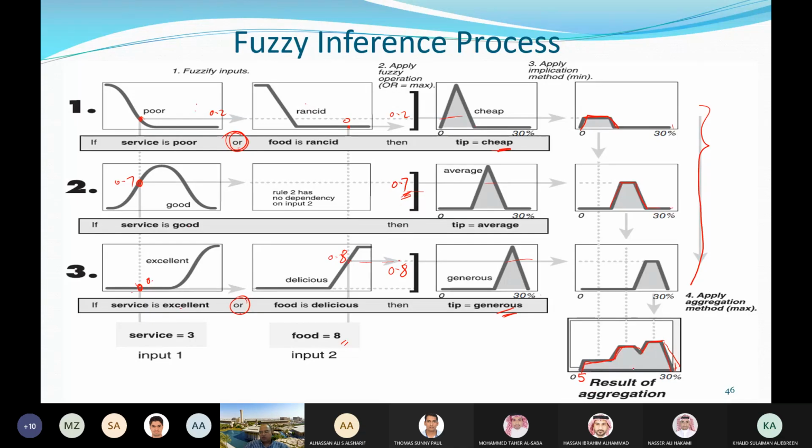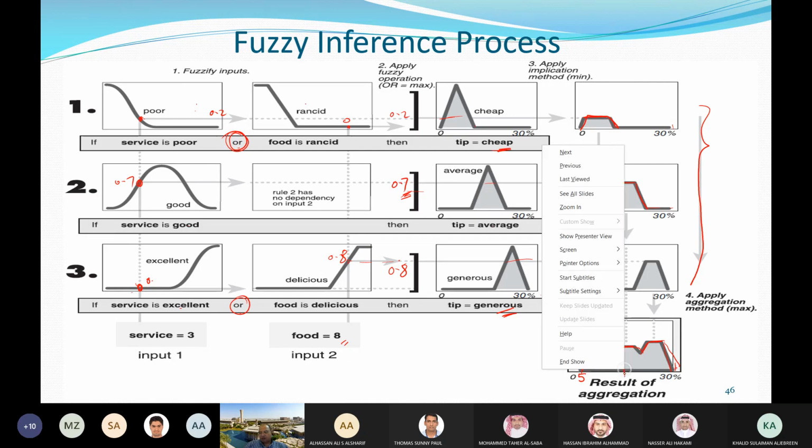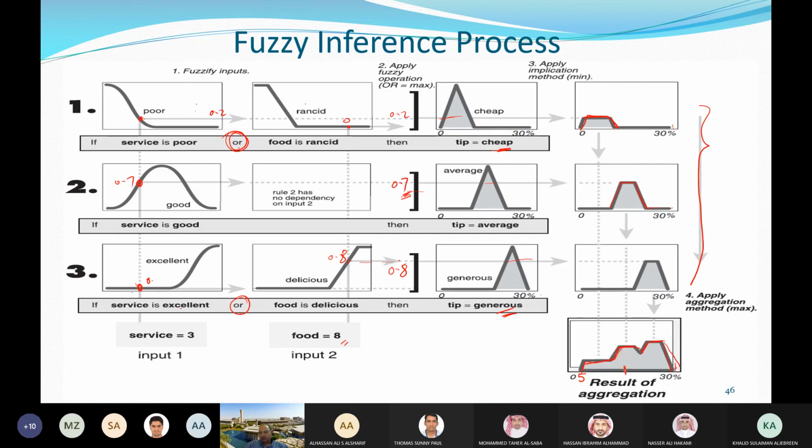So this is the range. You have different defuzzification techniques or methods in order to specify how much the tip that I will give here. This value or this value or 28 or 29, 25, 15, and so on. Any question?